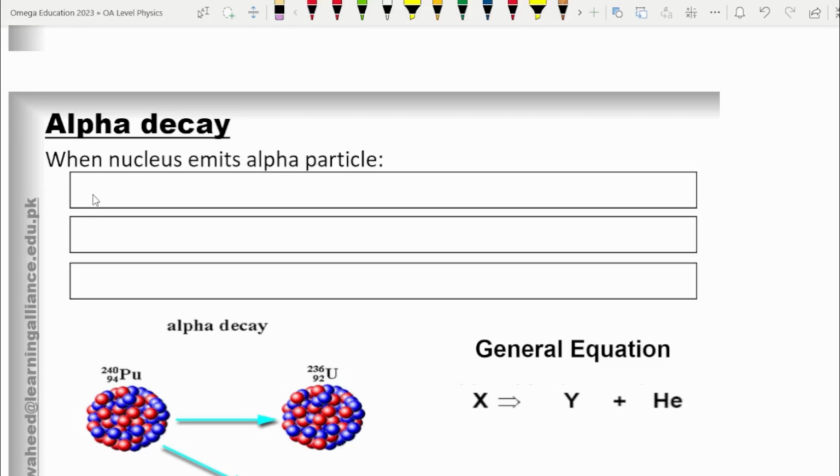So what we can write here is that an alpha particle is emitted. I'm going to write down the symbol for the alpha particle.